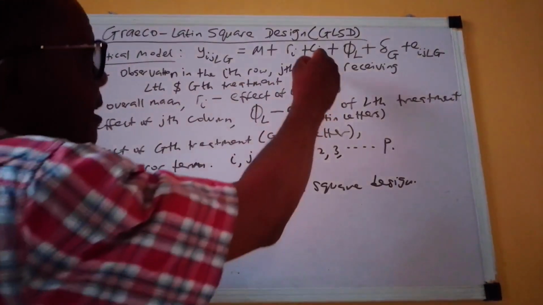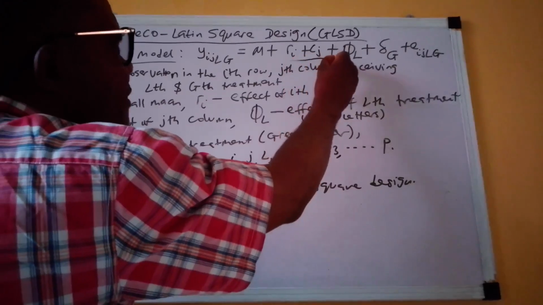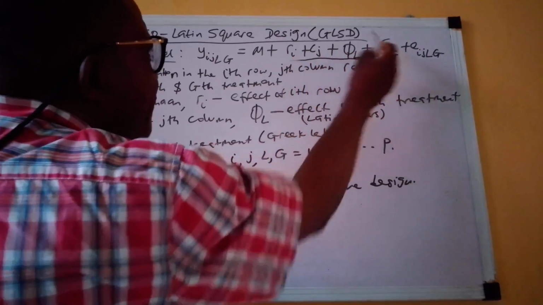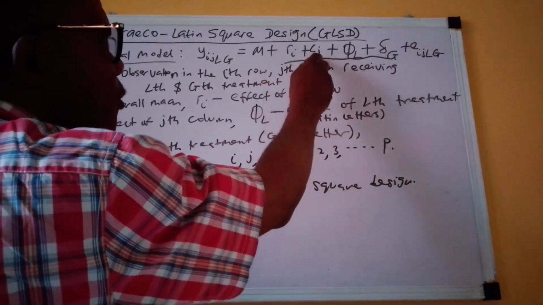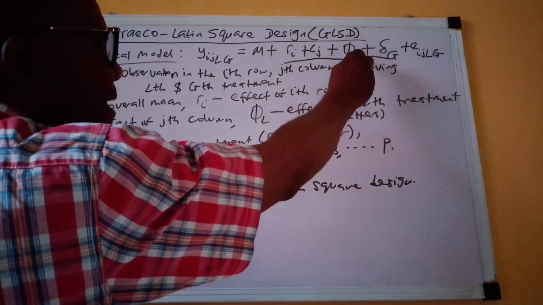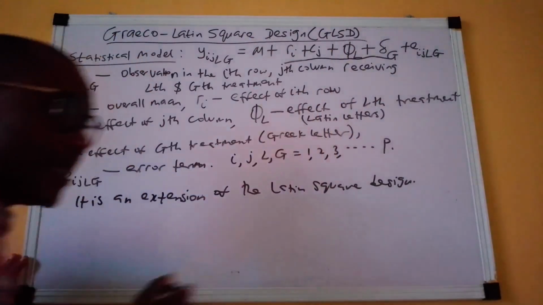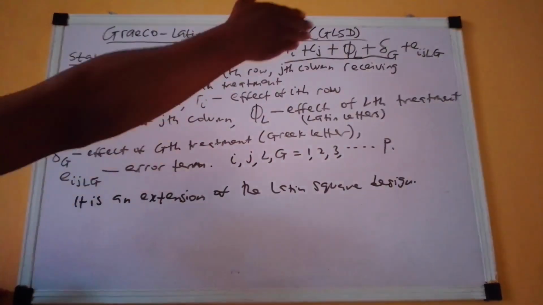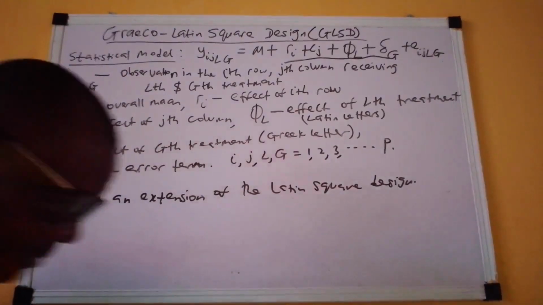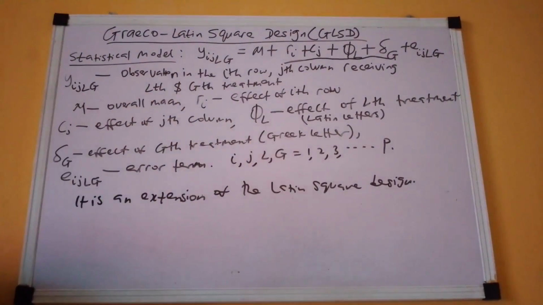If you take a look at it, it has 4 sources of variation. These are the 4: the row effect, the column effect, the Latin letters effect, the Greek letters effect. Those are the explained variation as explained by the model. Then the error term is the unexplained variation.